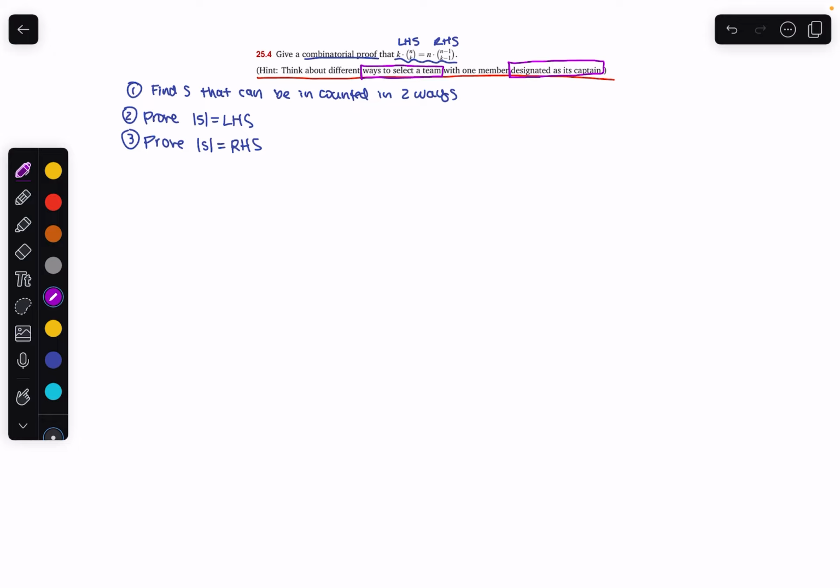So I'm going to make S equal to the ways that we can choose a team and designate a captain, but using these variables we see up here. I see n choose k here. That gives me the hint that maybe we have n people trying out for the team, and we have teams of size k.